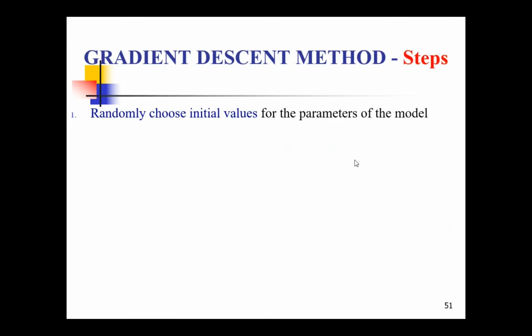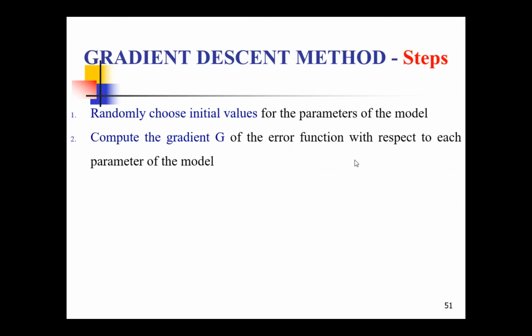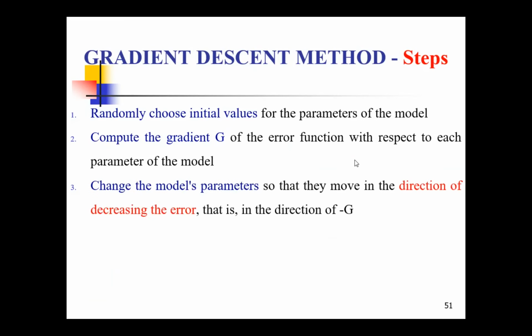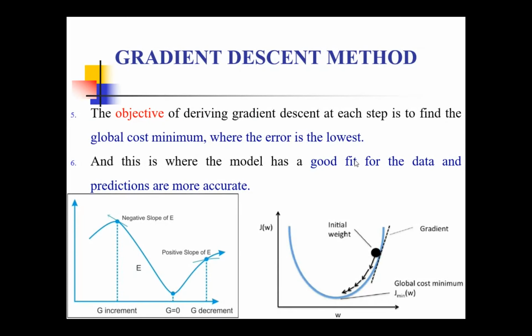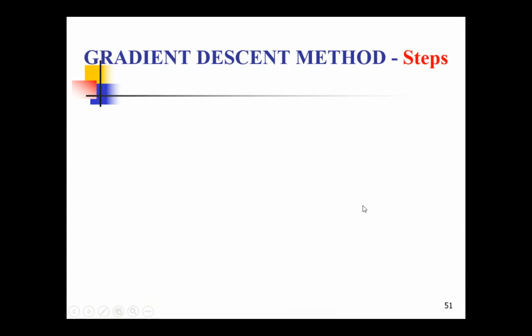So what are the steps in the gradient descent method? Randomly choose the initial values, compute the gradient, that is the slope, with respect to each parameter of the model, change the model's parameters, and then move in the direction of decreasing error. Here you can see, I will start with the initial weight, as the cursor moves, and I am going to move downwards so that I reduce the error.